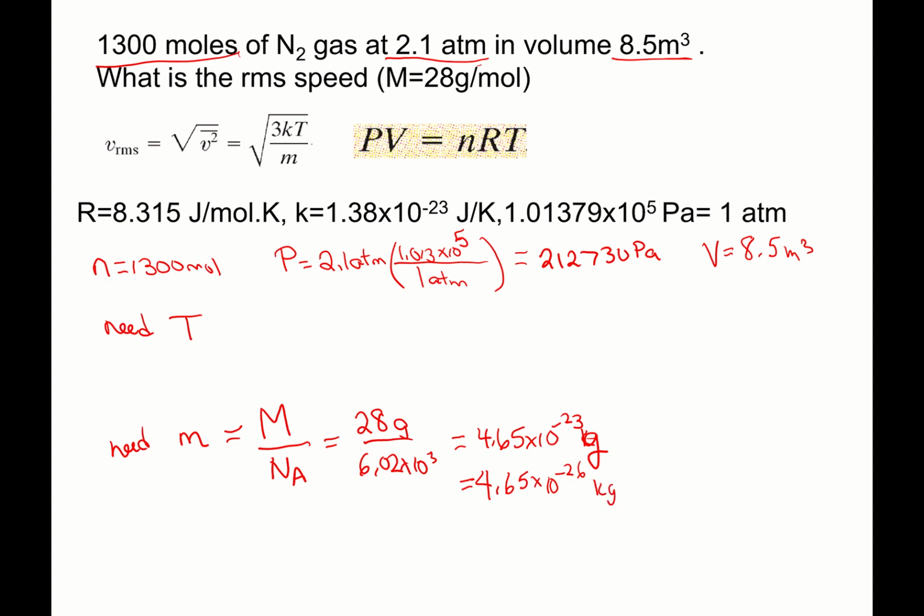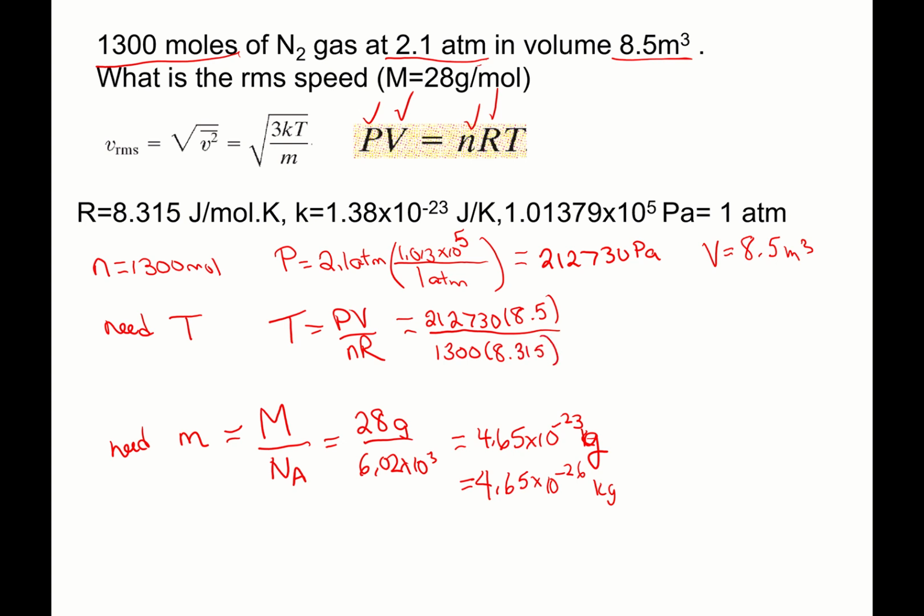All right, what's my T? I've got P, I've got V, I've got n, I've got R. So T is PV over nR. So P is 212,730, V is 8.5, n is 1300 moles, and the gas constant is 8.315.